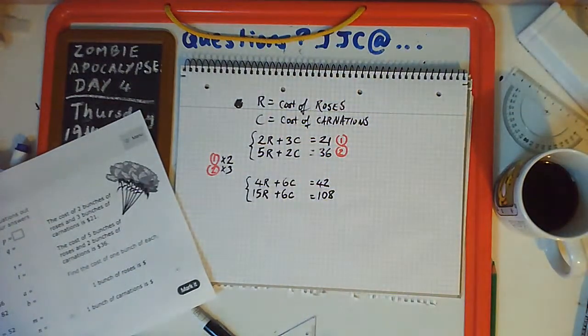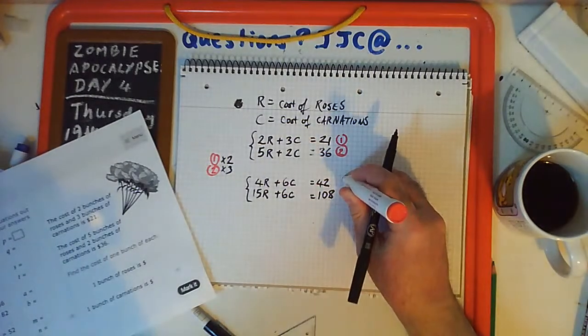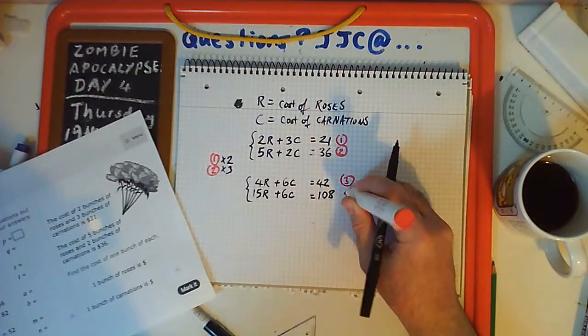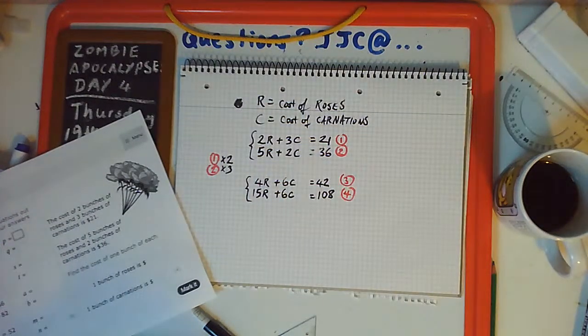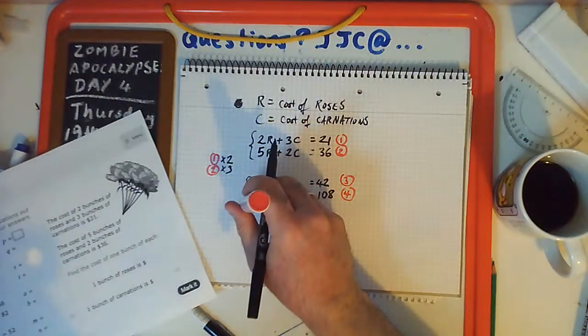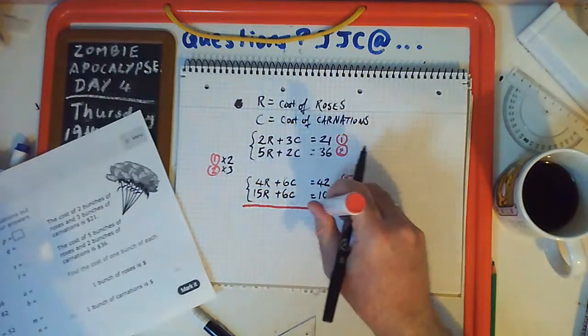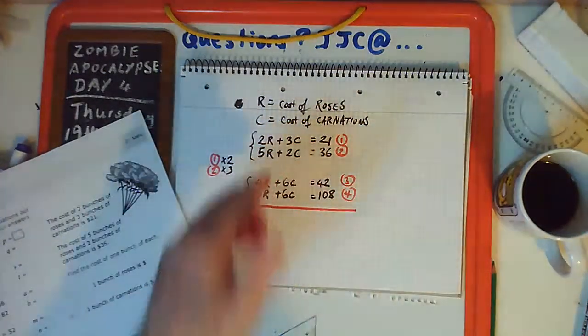So now I've achieved two more equations. I'm going to call them 3 and 4. And they've both got the same amount of C in them. So if I do a subtraction of one equation minus the other, then the C's will disappear.